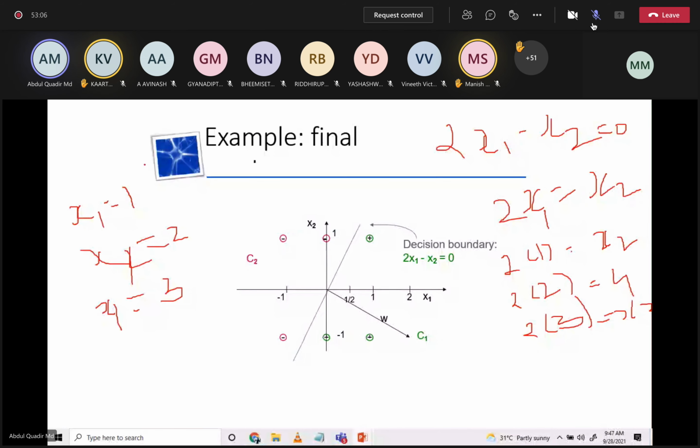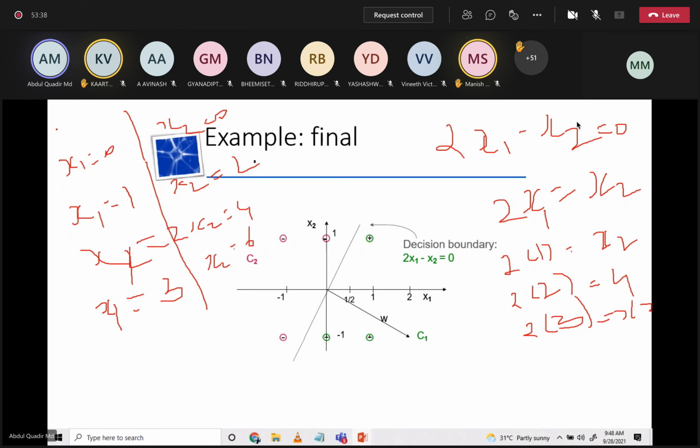So when x1 is 1, 2, 3, x2 value is 2, then 4, then 6. But if I supply x1 as 0, x2 will be 0.